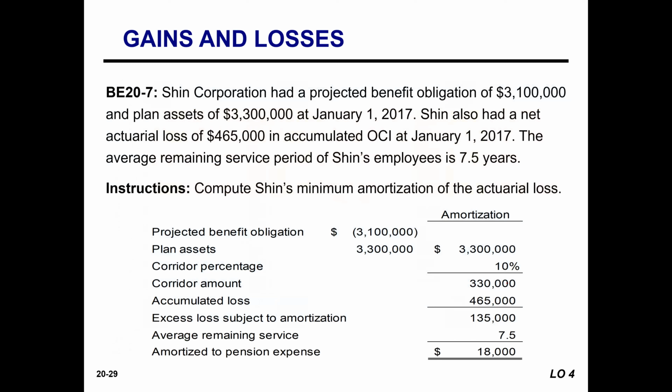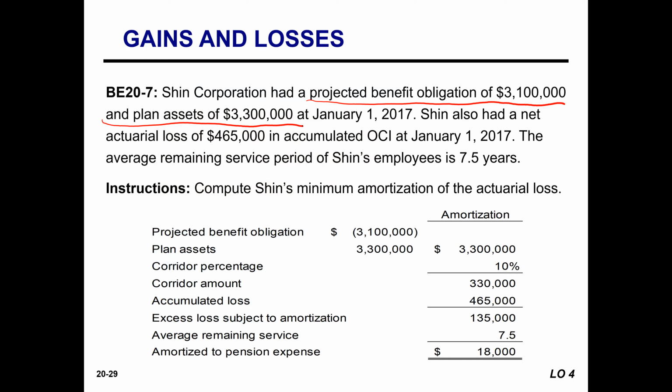All right, so here's an example. Shin Corporation had a projected benefit obligation of 3.1 million and plan assets of 3.3 million at January 1, 2017.